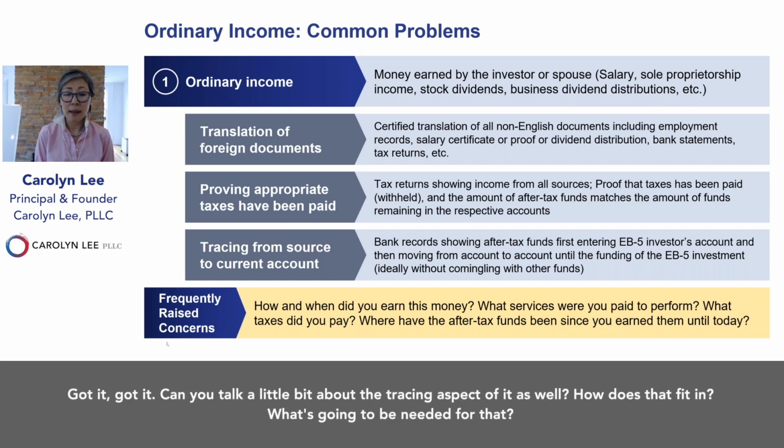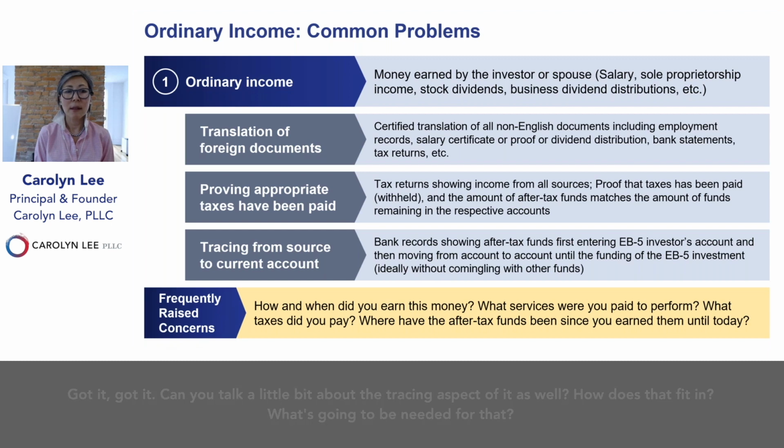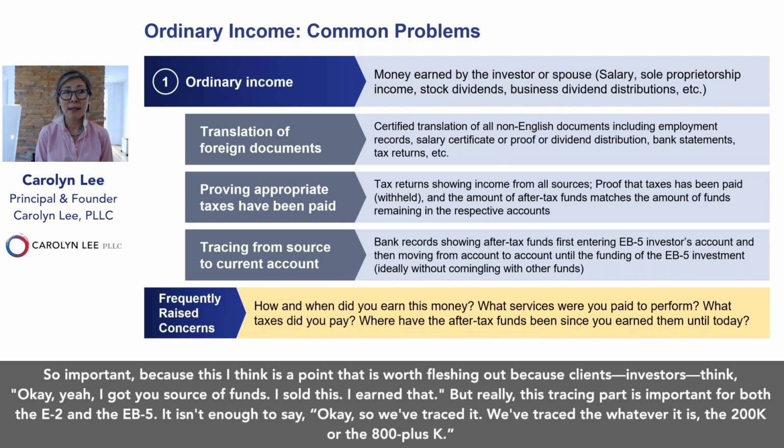Got it. Can you talk a little bit about the tracing aspect of it as well? How does that fit in, and what's going to be needed for that? So important, because this is a point worth fleshing out. Clients and investors think, okay, source of funds: I sold this, I earned that. But this tracing part is important for both the E-2 and the EB-5.